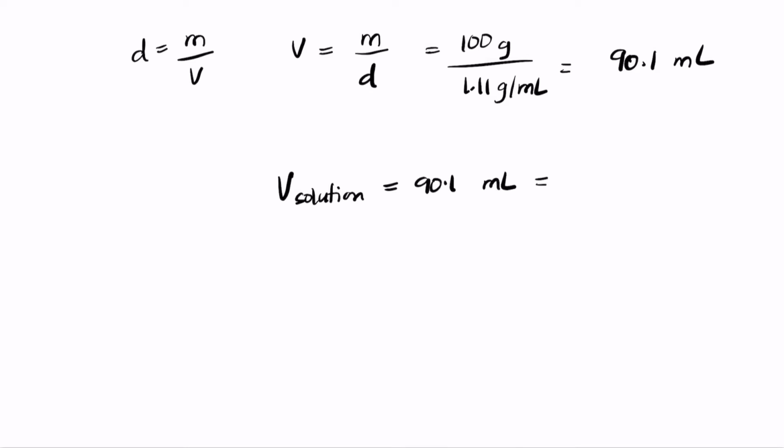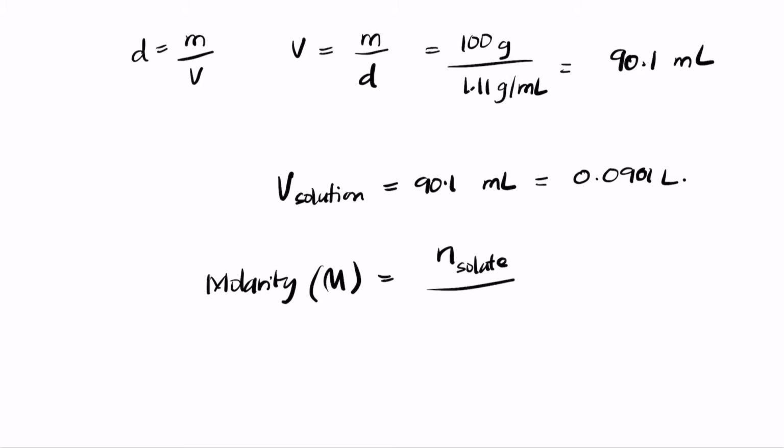But for molarity, we need it in liters. So this becomes 0.0901 liter. Now, how do you calculate the molarity? Molarity, uppercase M, is the number of moles of solute by the volume of the solution.